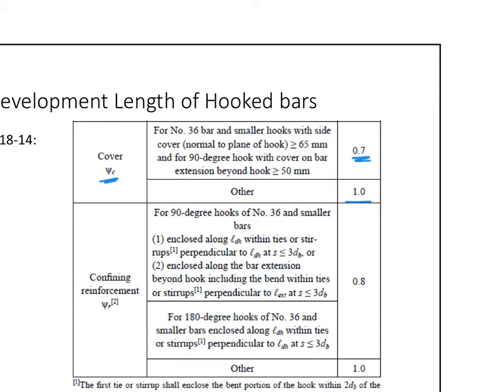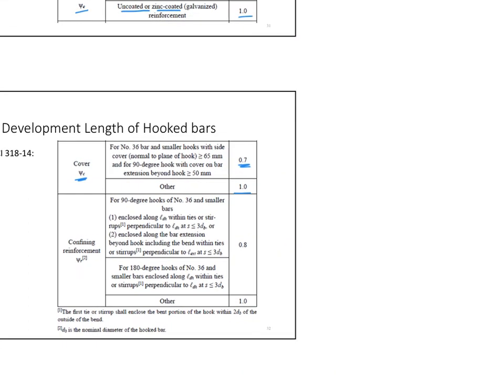What's the difference between side cover and beyond the hook? Now looking at the hook in 3D, let me draw it better than this. This is my hook here, and it's going to go down. If this is the hook, my side cover is here and here.